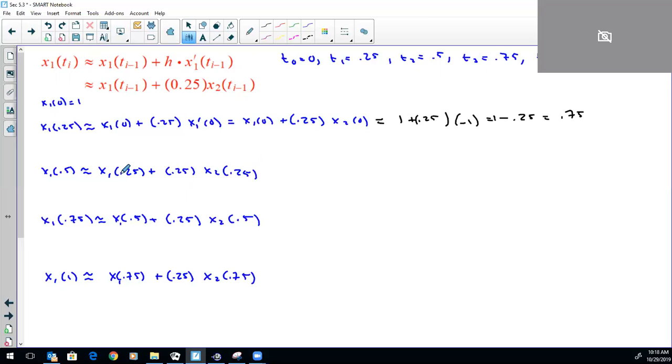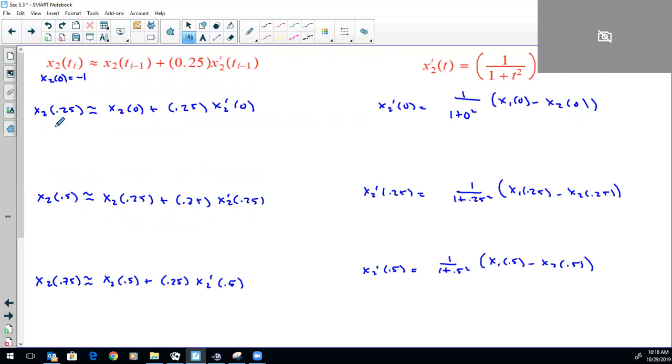Okay, now I can go ahead and put that in here, but I have to have x2. So let's go over here, x2 of 0.25. Well, let's go ahead and fill this thing out here. I need to have x2 prime of 0. So that's 1. x1 of 0 is 1. x2 of 0 is negative 1.